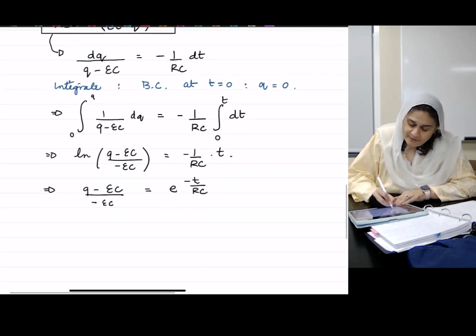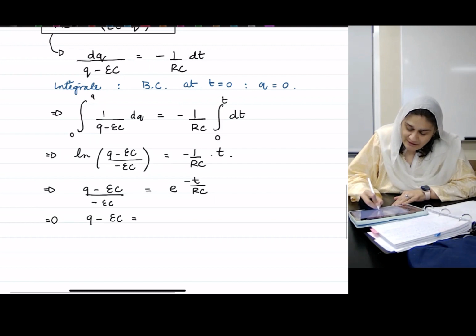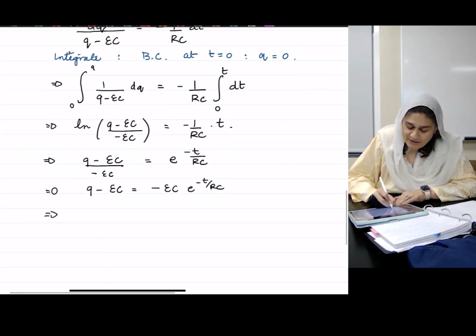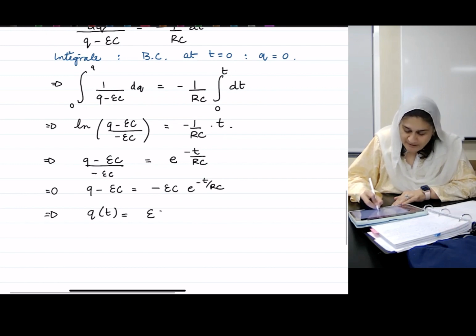Or may I rewrite this as Q minus EC equals minus EC e to the minus T over RC? Taking the EC onto the other side and rearranging, what will I get? Q as a function of time will be EC times 1 minus e to the minus T over RC.